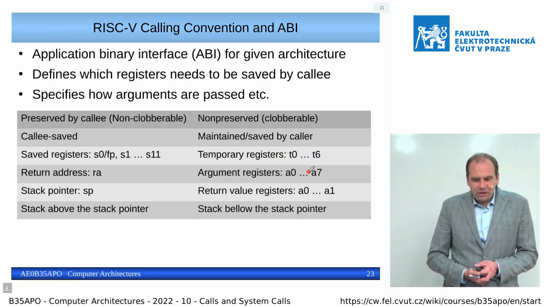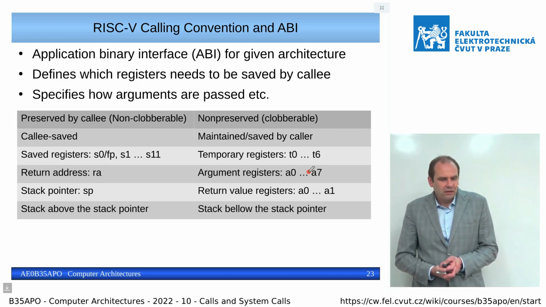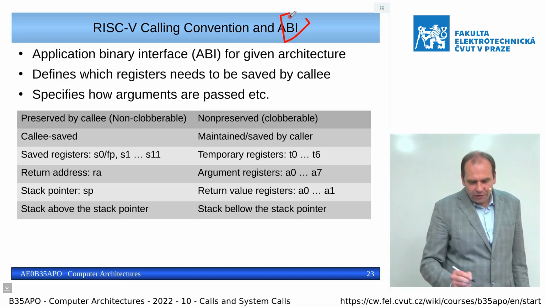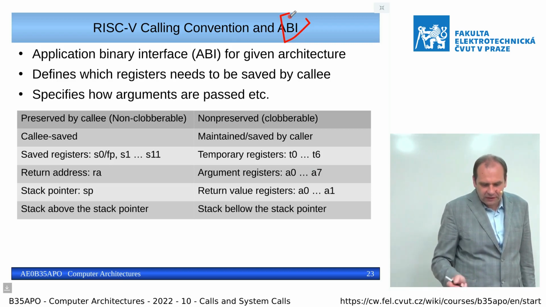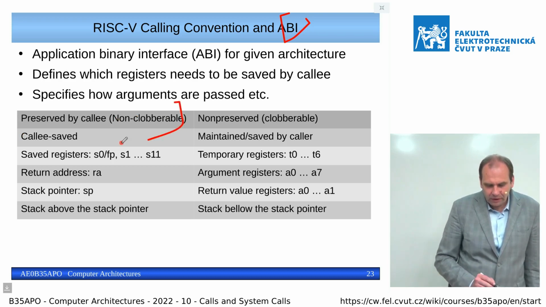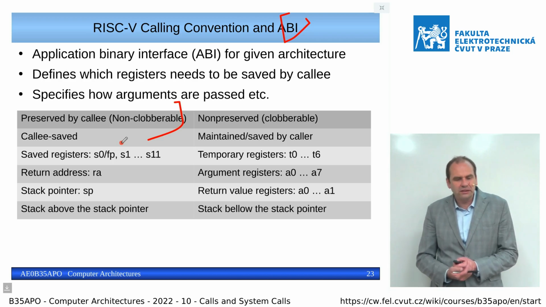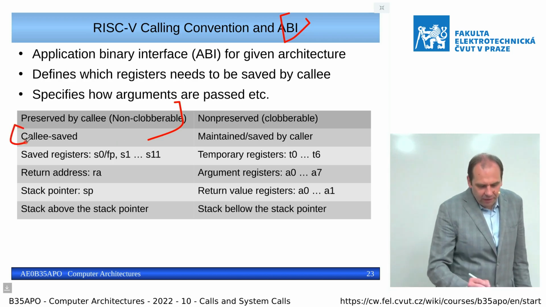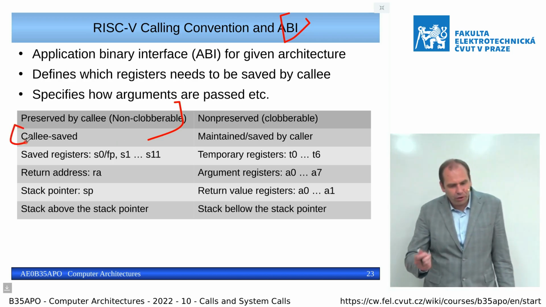Okay, so we have seen the calling convention and application binary interface. For RISC-V, it is relatively easy, and it defines that there are some registers and some areas which are preserved, so they are non-clobberable, and they have to be stored to the stack by the prologue of the function.